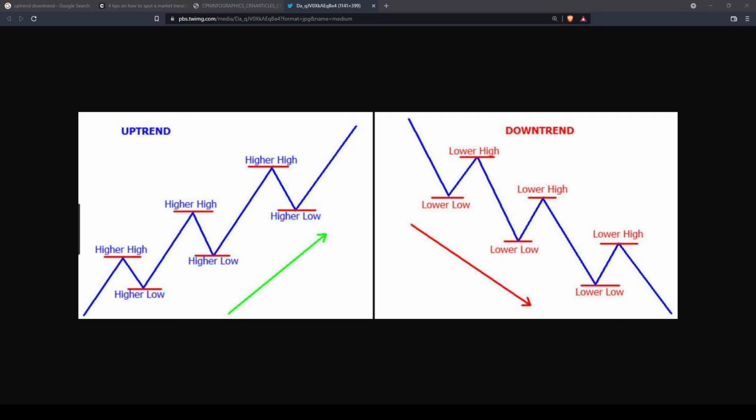In this case, I'm showing a couple pictures that I just found on the internet about what a downtrend and an uptrend is. It's fairly natural. I'm sure people can see this without really having to study it, but it's good to always have a good picture, because what is an uptrend?